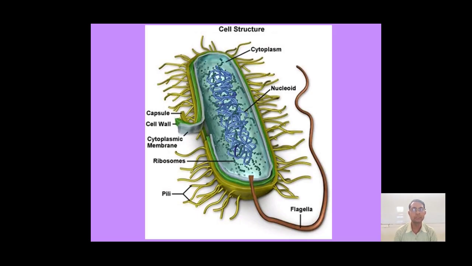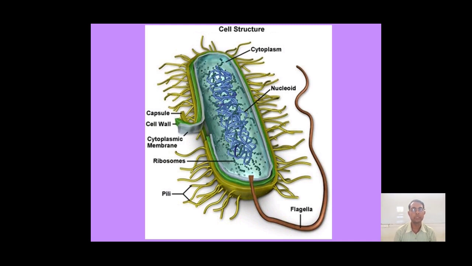Now coming to the next, there is a presence of flagella. A long flagellum is there, a single flagellum shown in this particular diagram. Along with the flagella there are pili throughout the bacterial cell, and inside the bacterial cell you can observe the nucleoid.